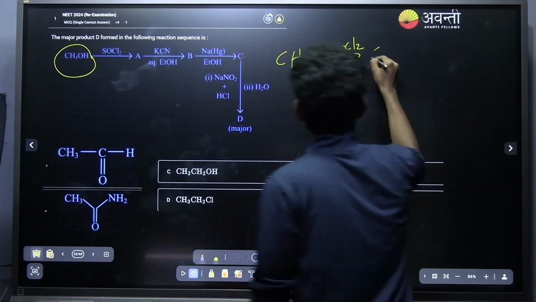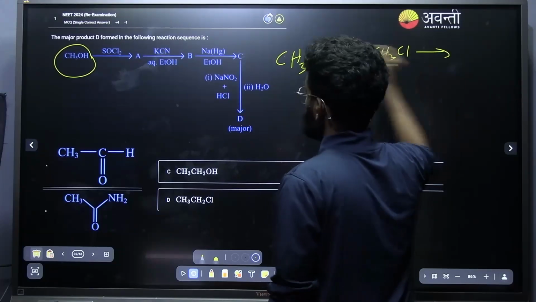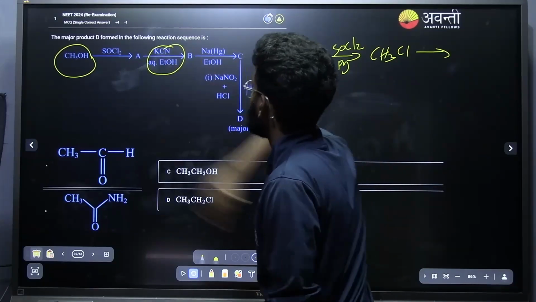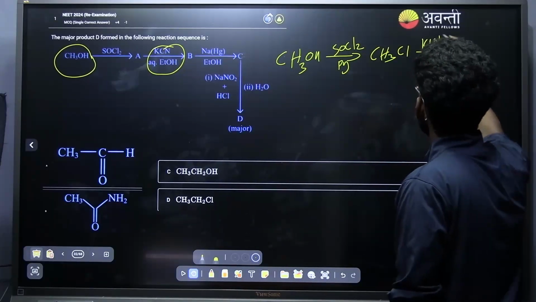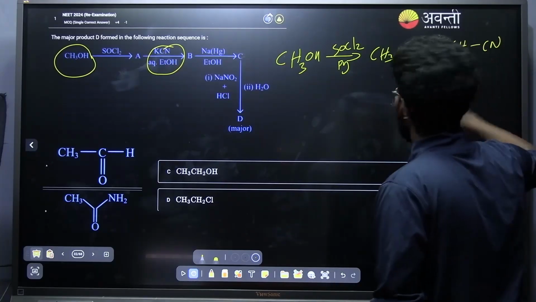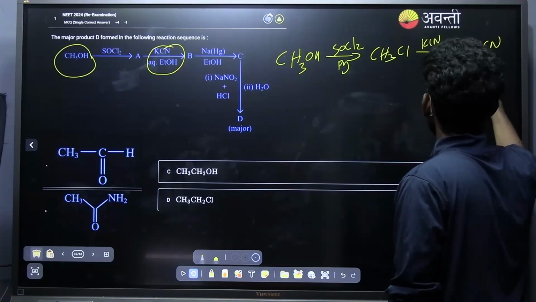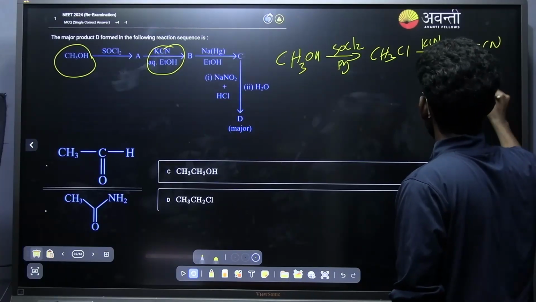SOCl2, Darzens process in presence of pyridine, gives CH3Cl. Now this one on treating with KCN in presence of aqueous EtOH, what is it? Again substitution, CH3CN. And then on treating with sodium amalgam in presence of EtOH, what is this reaction called?